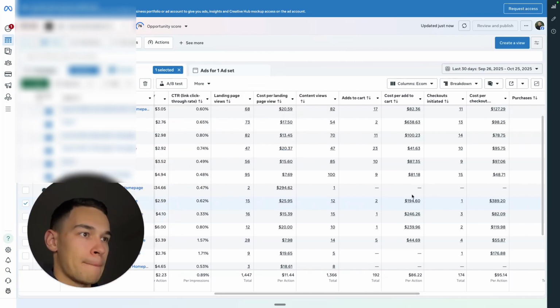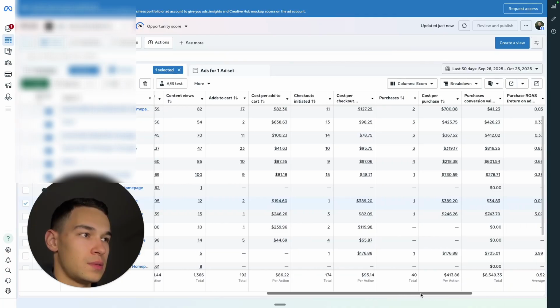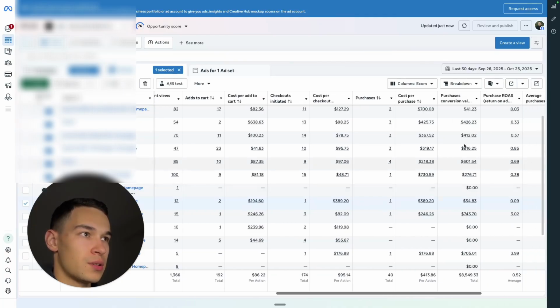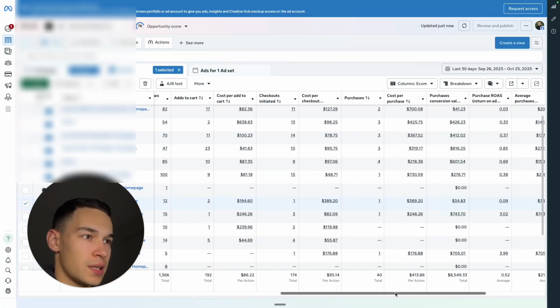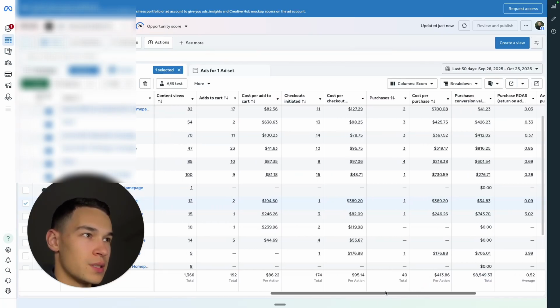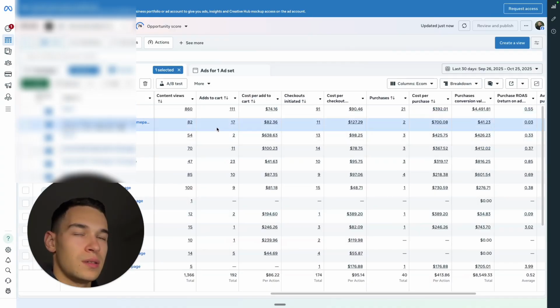Let's see. What about here as well? And you see the current purchase value is 35, which again is telling us that it's working on existing audiences. Again, this one here was newly launched in September, 2 sales for $40 average order value. Yeah, that's too low. Let's go into the first one.